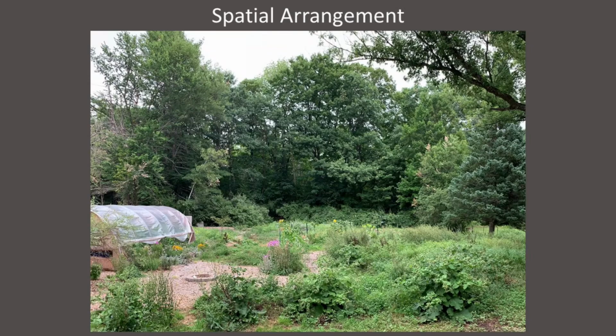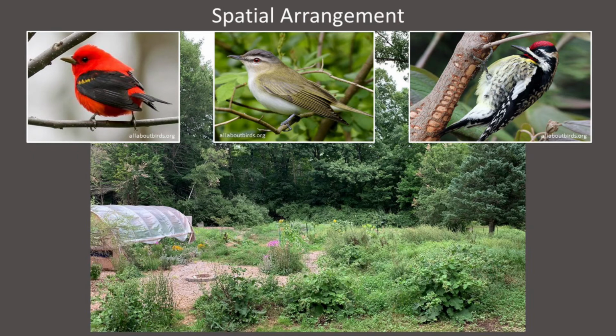What species occur within a habitat is often strongly influenced by what other habitats are immediately adjacent. For example, here in my backyard, which is about 1/4 acre of wildflowers and shrubs, I regularly observe birds such as scarlet tanagers, red-eyed vireos, and yellow-bellied sapsuckers that require mature forest as their primary habitat.